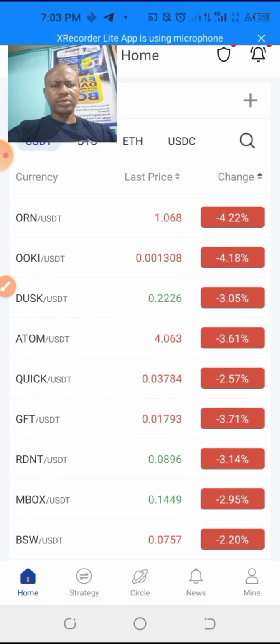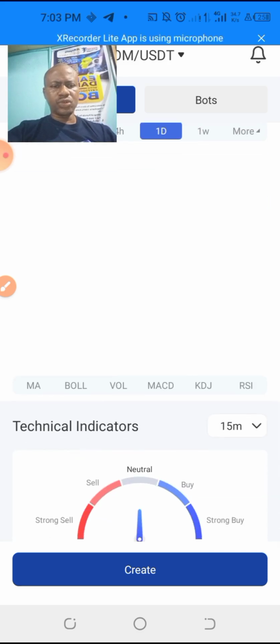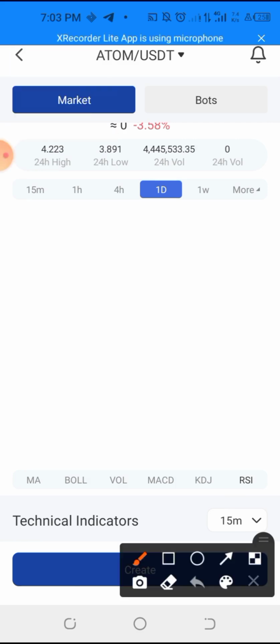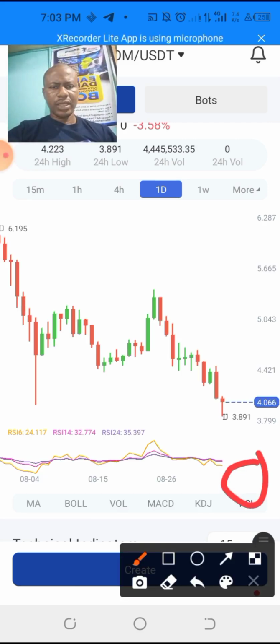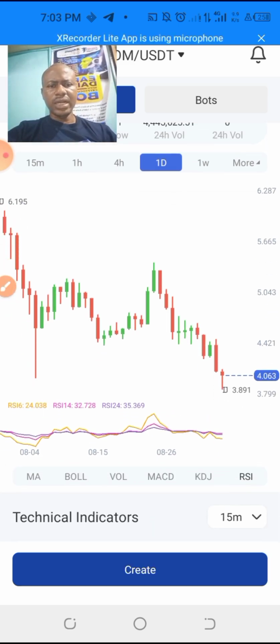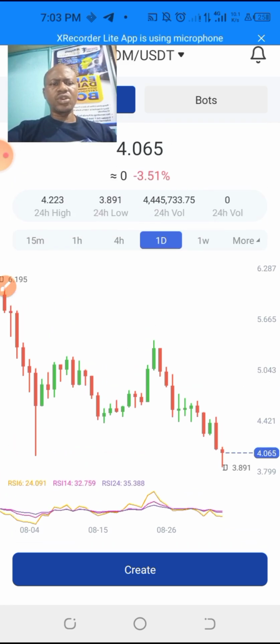On the 1 day chart, you now go to the RSI. The RSI is down here. You can see that the RSI here is very low. Relative strength index. That's a good plus for me. The lower the RSI, it shows that the coin has really been oversold. So the coin must go up.